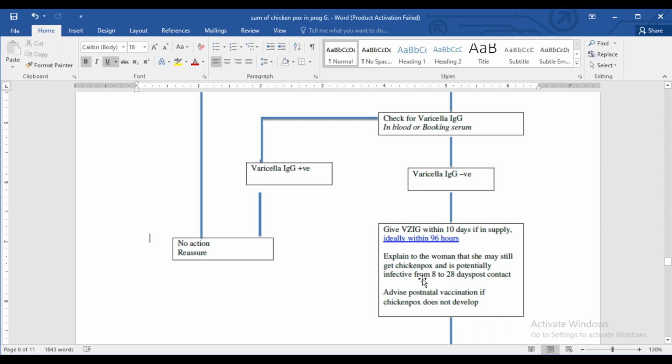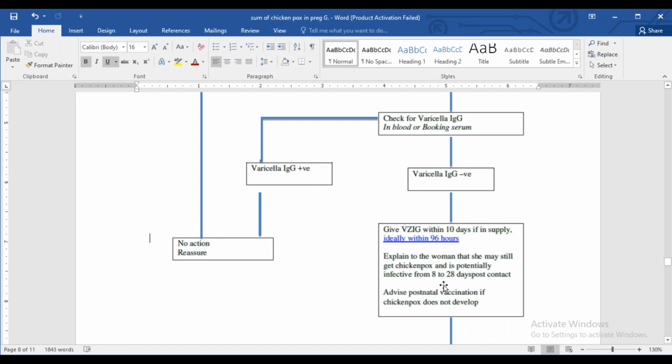And you have to explain to her that the varicella zoster immunoglobulin can attenuate, can weaken the infection, but she may still get chickenpox and she stays potentially infective from 8 to 28 days post varicella zoster immunoglobulin.